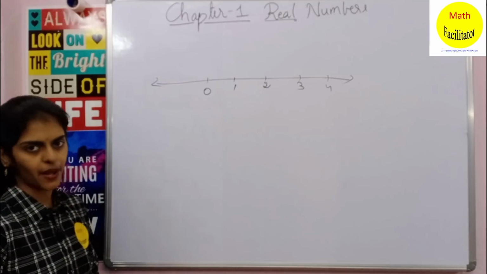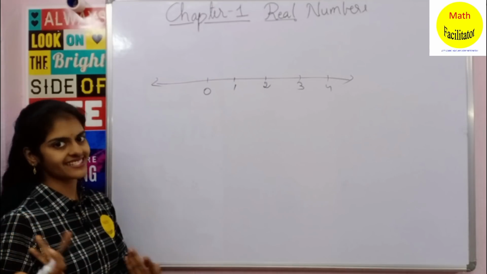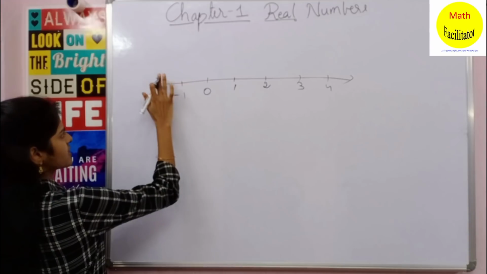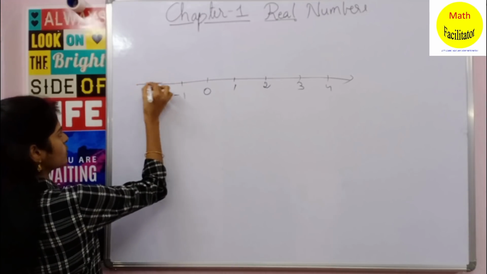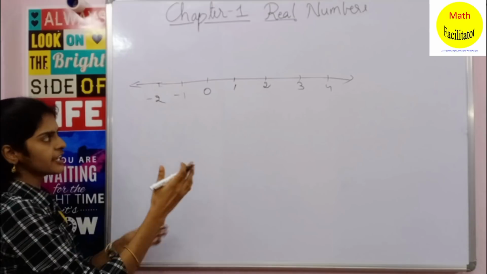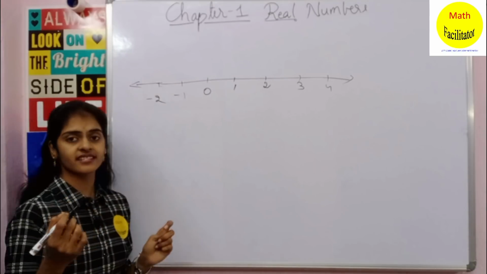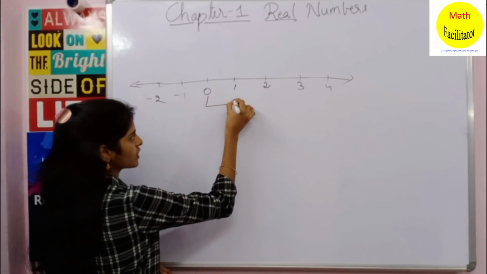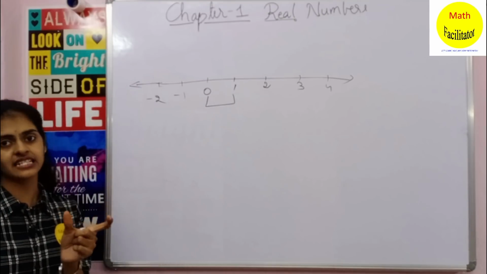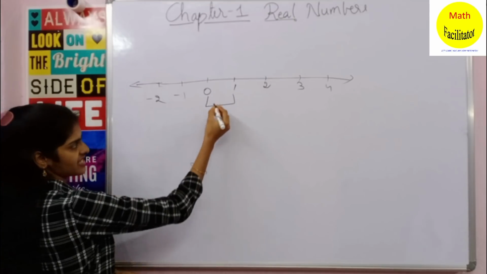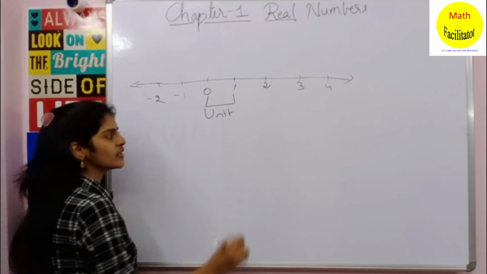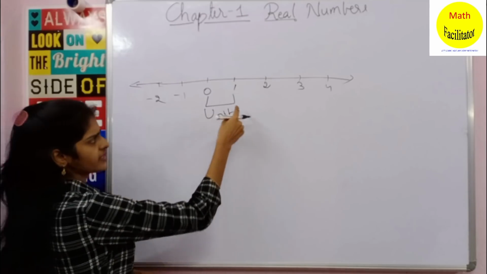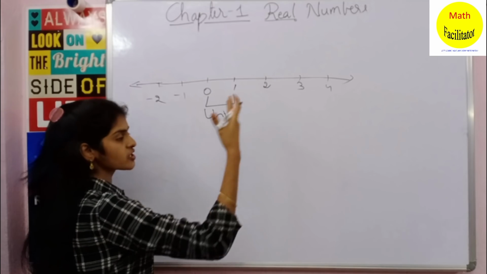Now for the same number line, if I want to add negative integers, then just add -1, -2 and so on with a unit distance. Now unit distance is nothing but a fixed distance that you maintain from one number to the other. This fixed distance is called unit distance. So 0 to 1 is a unit distance, 1 to 2 also is a unit distance.